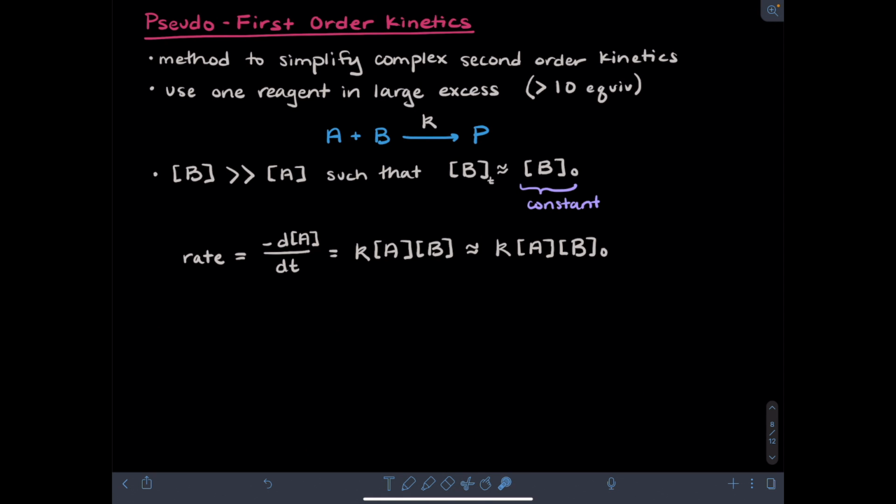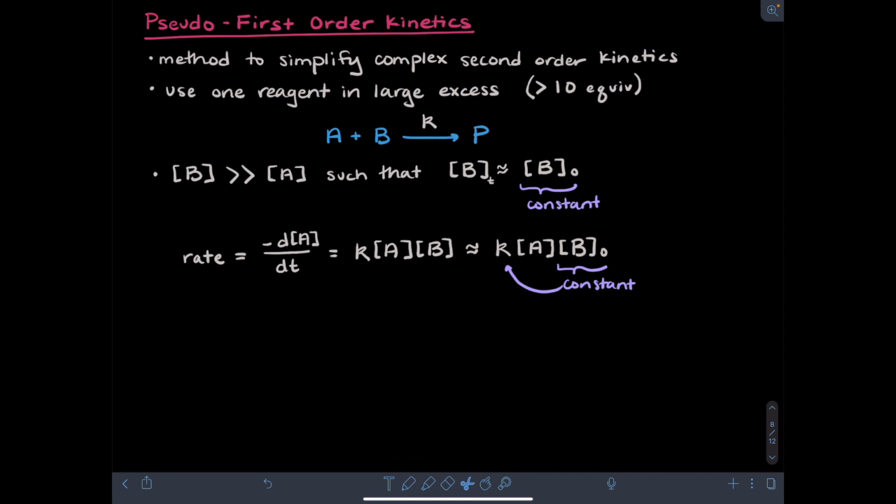But at any given time, the concentration of B is approximately the same as it was at the start of the reaction, because there's so much B around. So we can say our rate is approximately equal to the rate constant k times the concentration of A times the concentration of B at the beginning of the reaction that you started with. And the concentration of B that you started with is a constant rather than a variable.